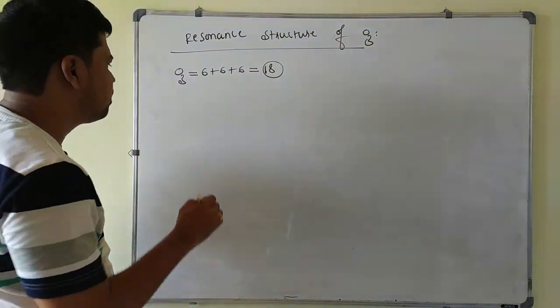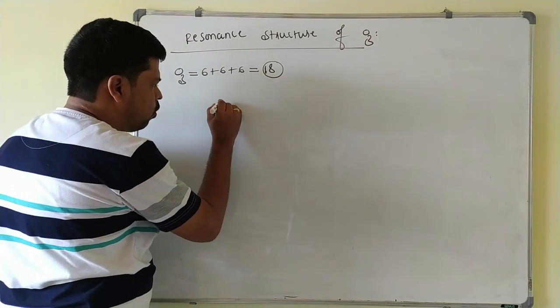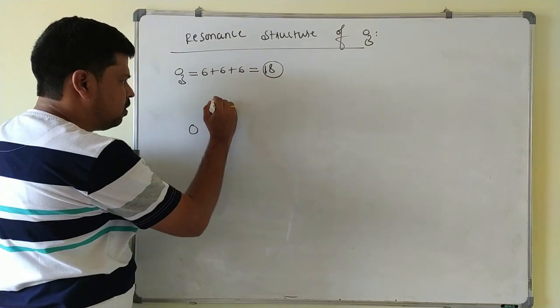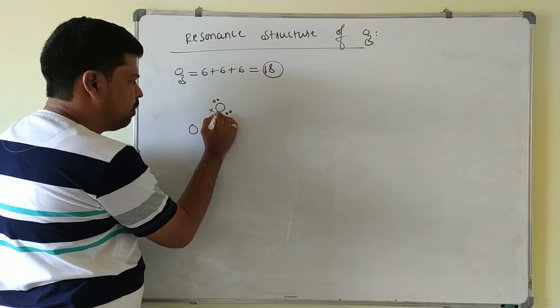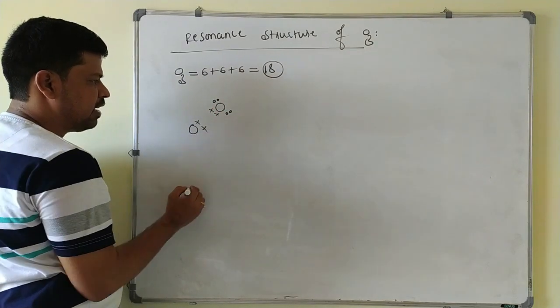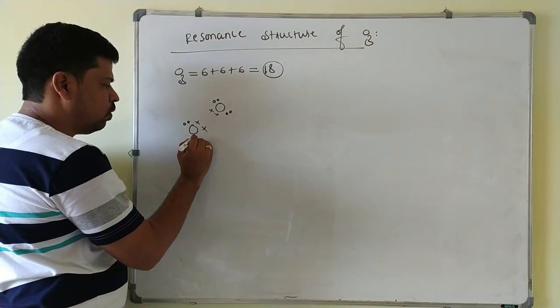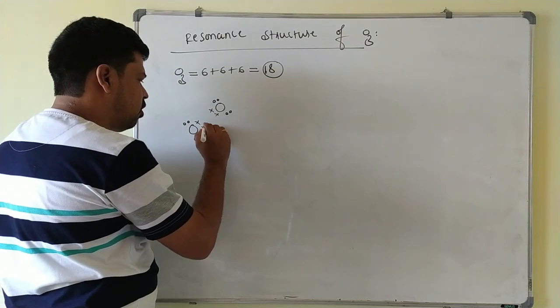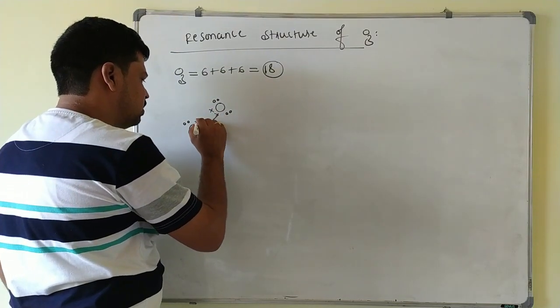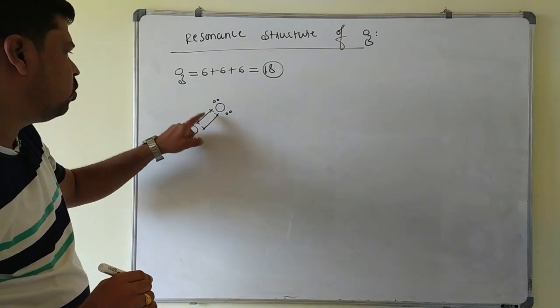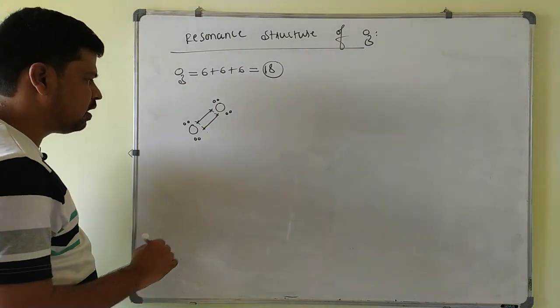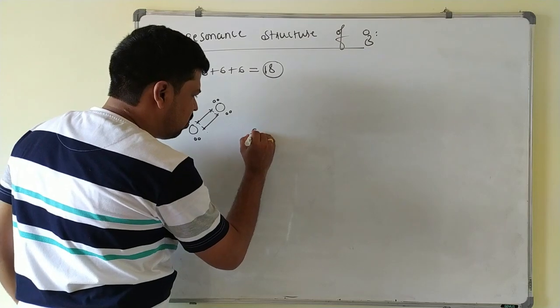We will write them. First I will write the O2 molecule like this. This oxygen has 2 lone pairs of electrons and 2 unpaired electrons, and this oxygen has 2 unpaired electrons and 2 lone pairs. Now mutual sharing of electrons takes place, forming 2 covalent bonds between the oxygens. Now I will add the third oxygen.